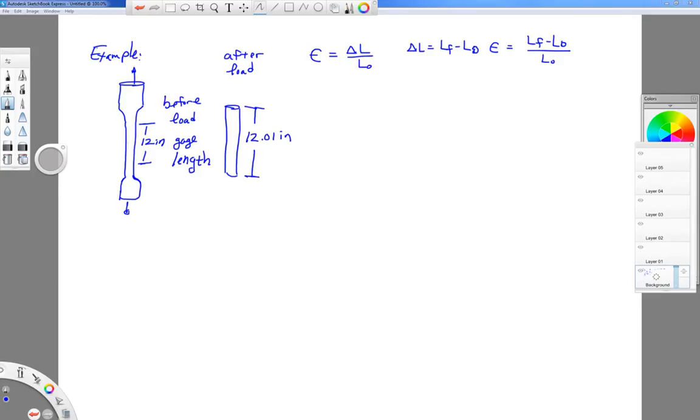So to calculate the extensional strain, we need to find the change in length, and the change in length is the final minus the initial length. We can do that pretty easily. It stretched out to 12.01 inches. The initial length was 12.0 inches. So we take the difference to get the change in length.